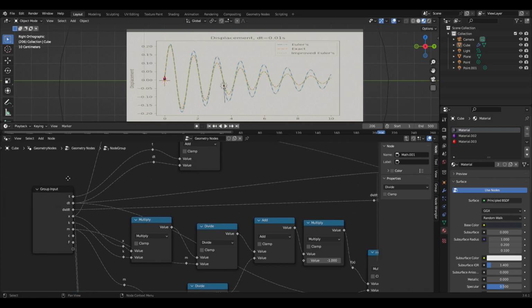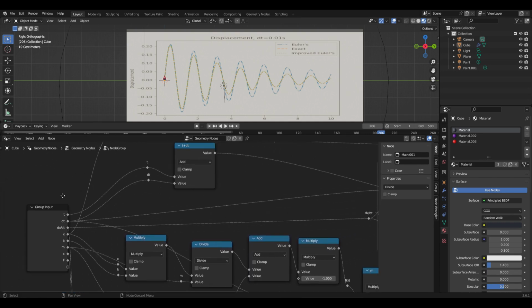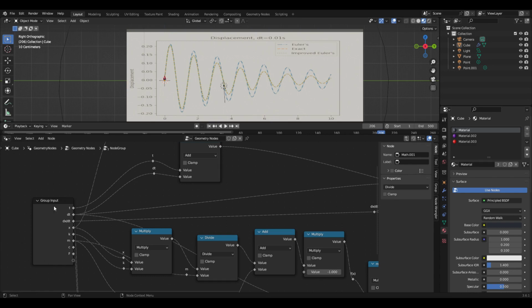And so here I'm in this central node to the whole system. You can see the inputs are time, the increment of time, velocity, displacement, stiffness, mass, damping, and the forcing.